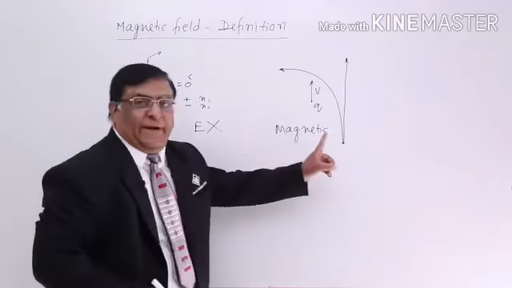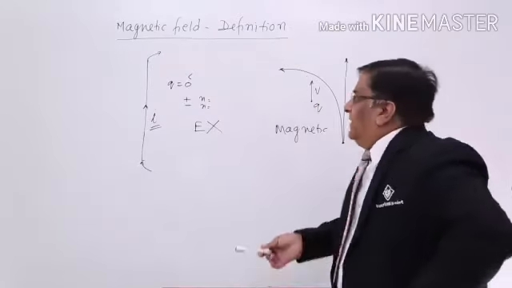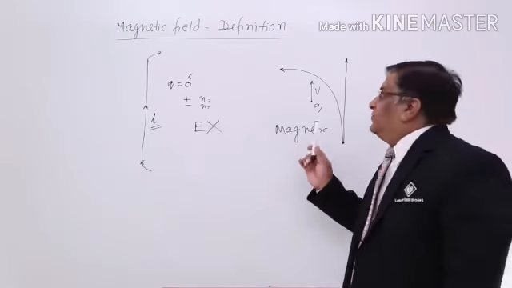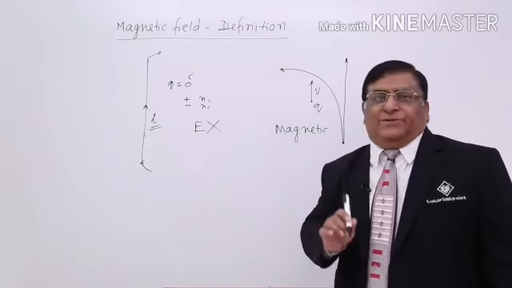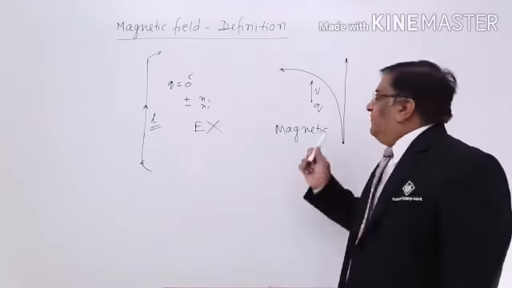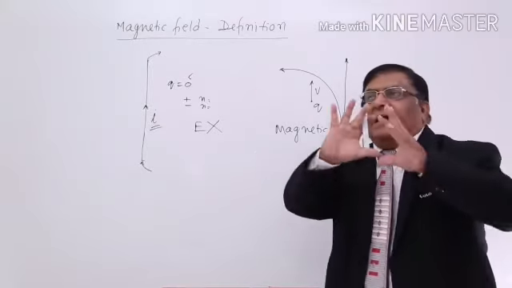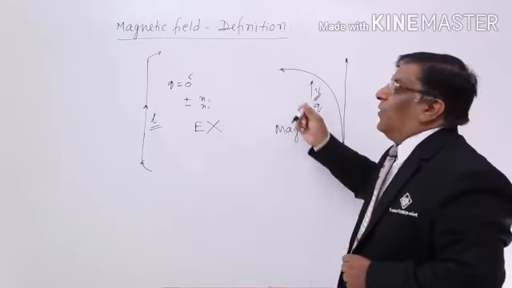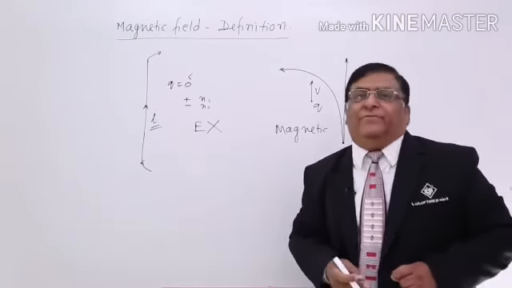And this phenomenon gives us the definition of magnetic field. A magnetic field is the field which is able to change the direction of a moving charge. Again, magnetic field is that property in a space which changes the direction of a moving charge. This is the definition of magnetic field.